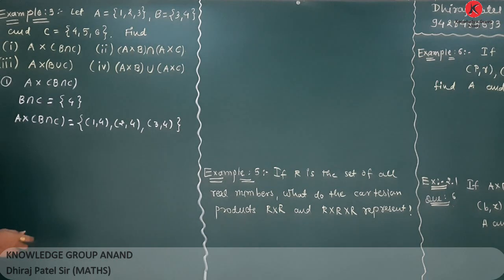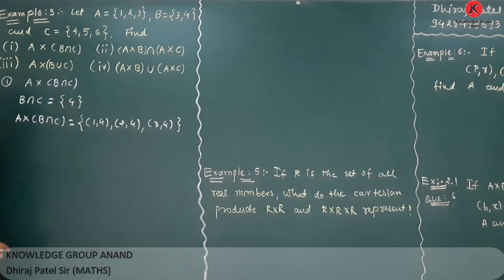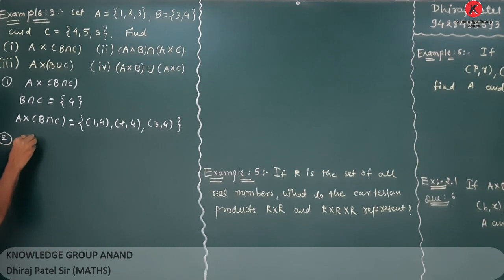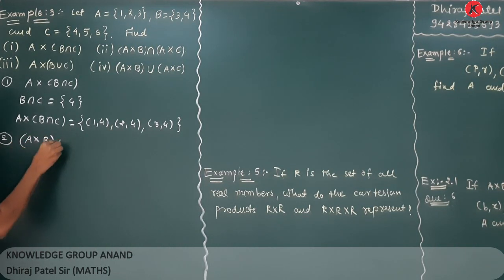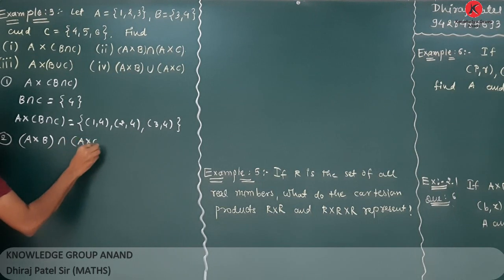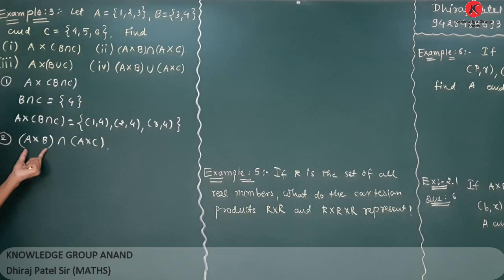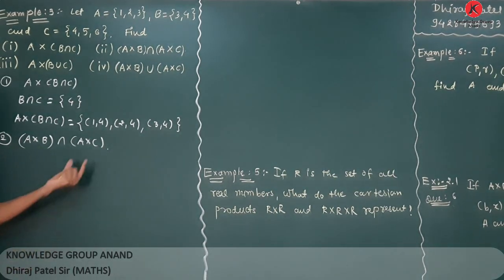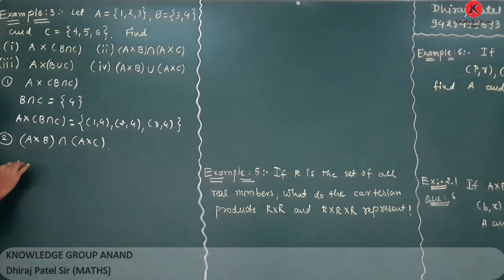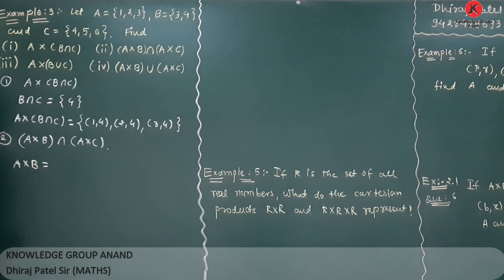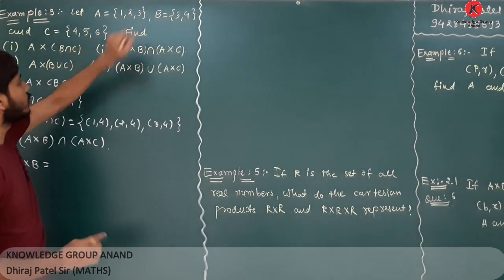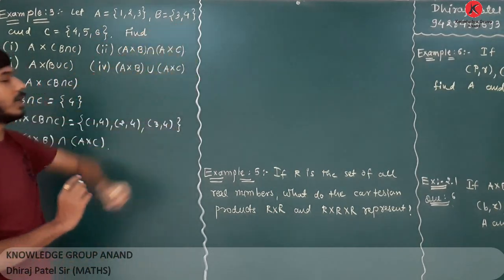Okay? Now the second calculation. In the second, we have to calculate A cross B intersection A cross C. So first of all, we need A cross B, and same as we need A cross C also. Find A cross B first. Here set A equals 1, 2, 3, set B equals 3 and 4.